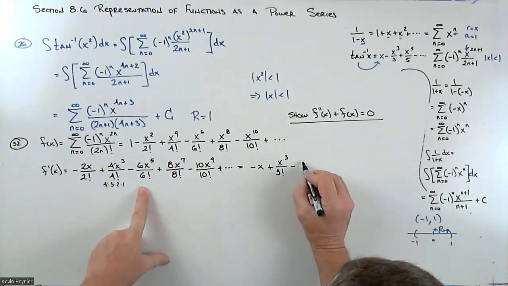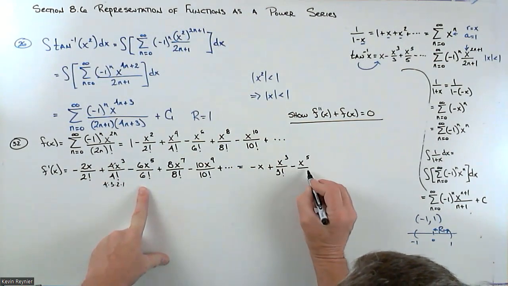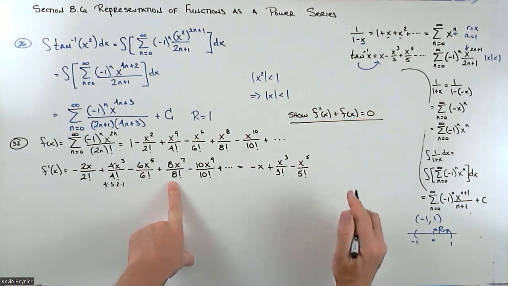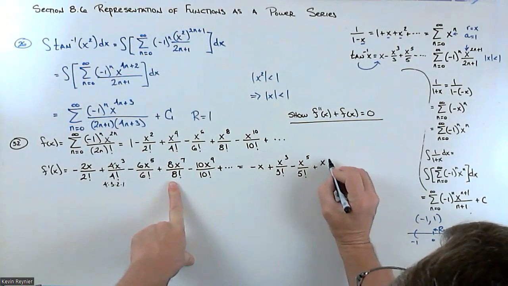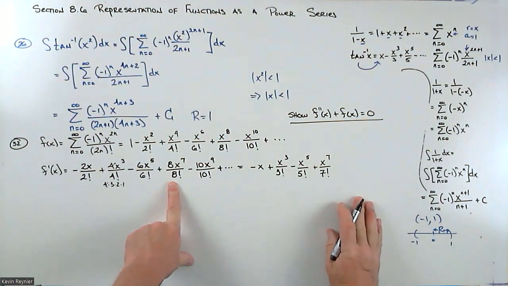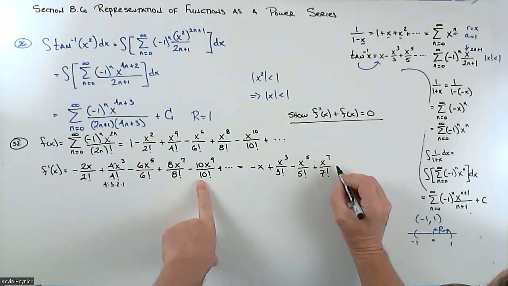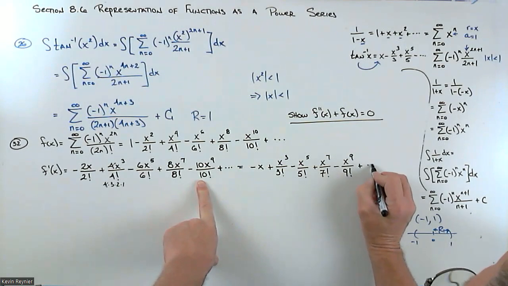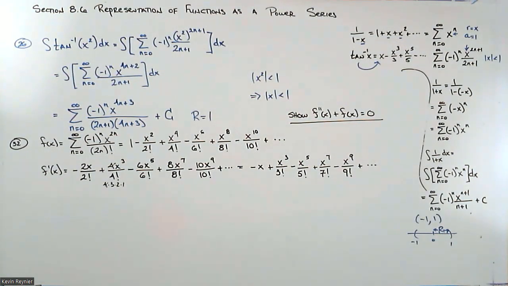We're going to have minus x to the 5th over 5 factorial. Here we're going to have plus x to the 7th over 7 factorial. And finally here we're going to have minus x to the 9th over 9 factorial, and it's just going to keep going. Now remember, that's f prime of x.